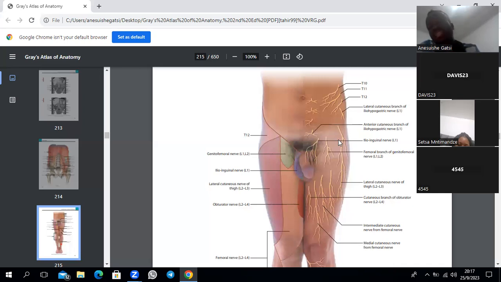So all muscles in the anterior thigh compartment are innervated by the femoral nerve, as well as the skin on the medial side of the thigh, as well as the anterior aspect of the thigh, via the medial and intermediate cutaneous nerves of the thigh. Right. Okay, then genitofemoral. Genital means it is a branch going to the genital skin, the scrotal skin, the skin of the labia. Then femoral, it also has a cutaneous branch coming to the skin on the anterior aspect of the thigh.